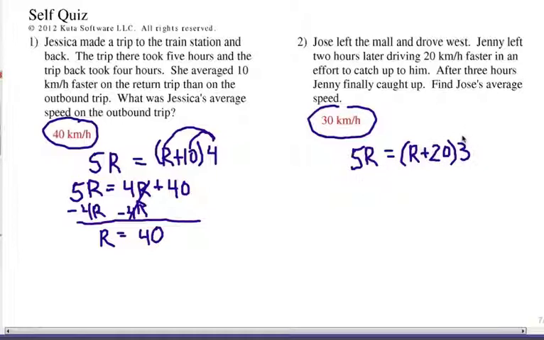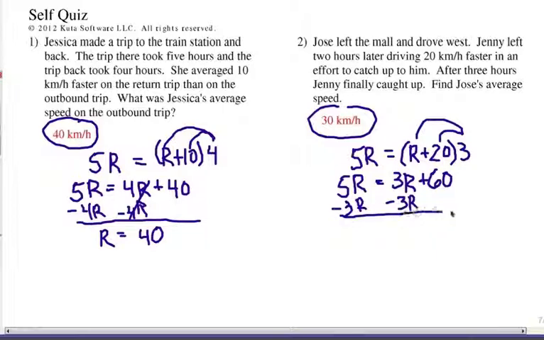Remember we're going to do distributive property here, so our new equation really is 5R equals 3R plus, don't forget to multiply again there, 60. Let's subtract 3R from each side, and you'll see that we get 2R equals 60. Of course, when we divide by 2, we get our answer, 30 kilometers per hour.